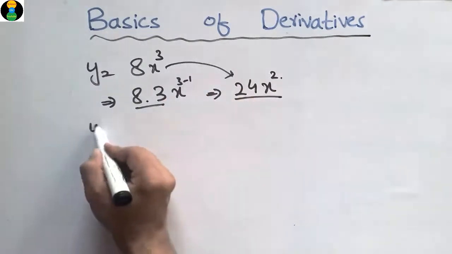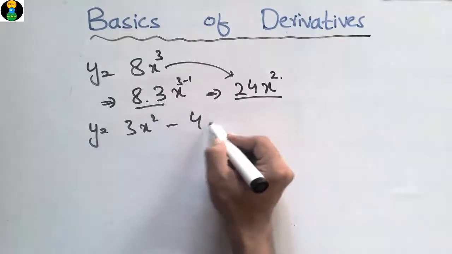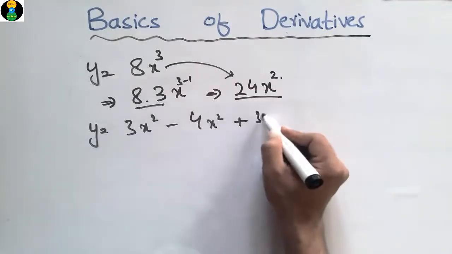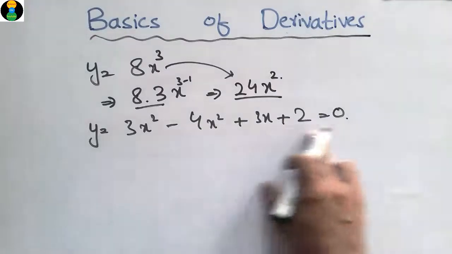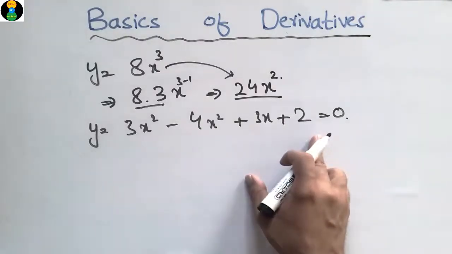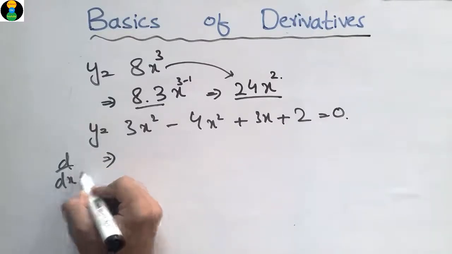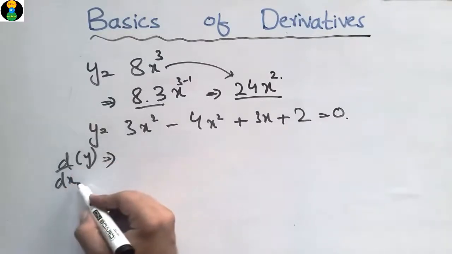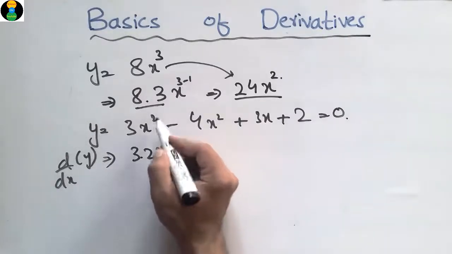Now if I solve the complex example, so now we want to find the derivative of this complex function. So how to find it? We will find the derivative of this function with respect to x, putting the power down here and reducing this power by 1.